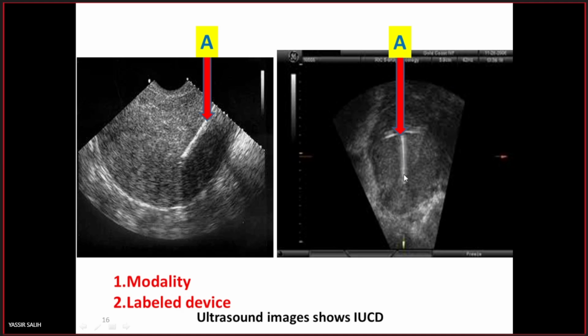What is the name of the labeled device marked as A? IUCD. What does IUCD stand for? Yes, thank you. Intrauterine contraceptive device. And also, this is ultrasound. The modality is ultrasound.